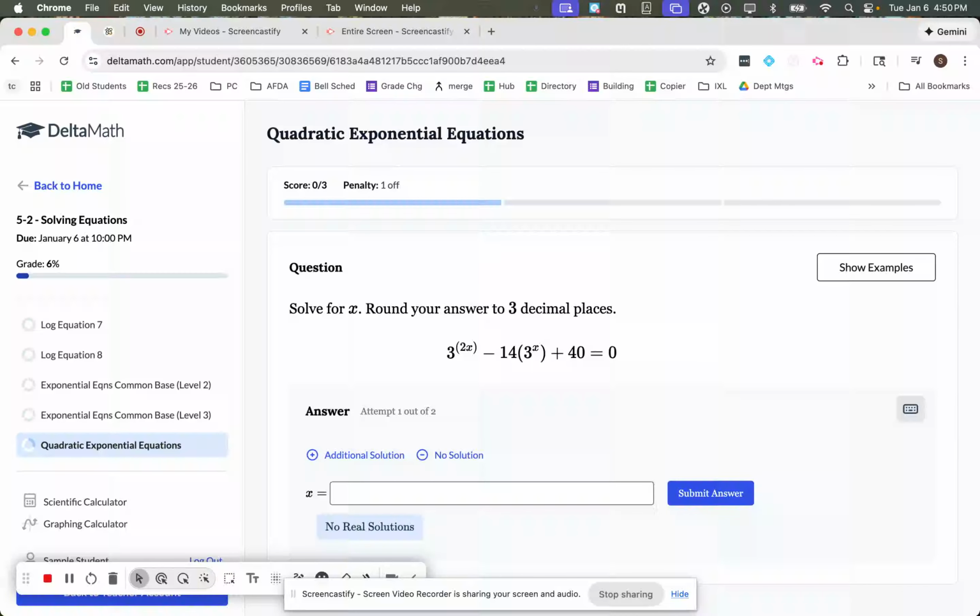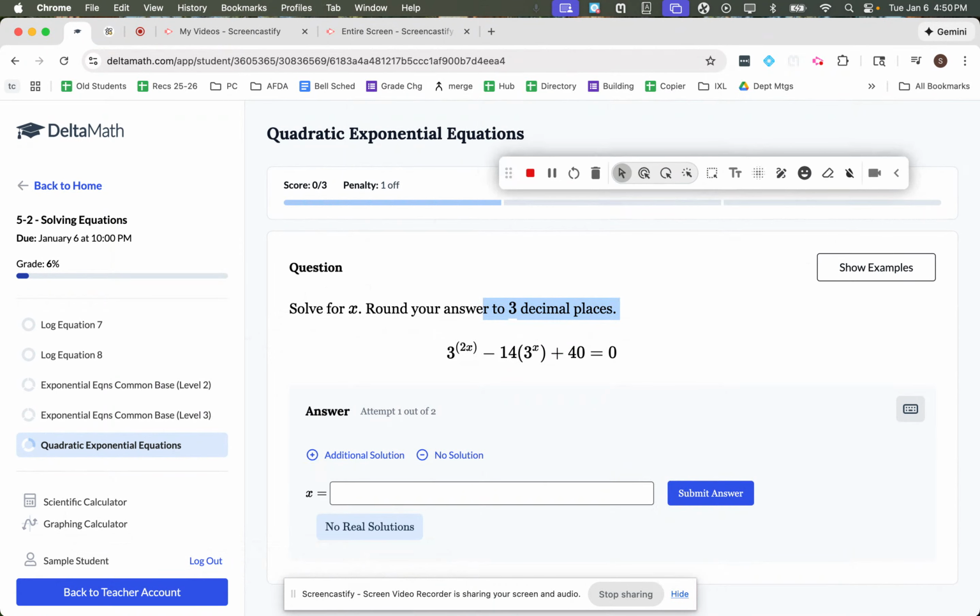Okay, this is yet another problem where you're trying to solve for x, which is in the exponent position here and here. But what's unique about this is that it matches a certain form.